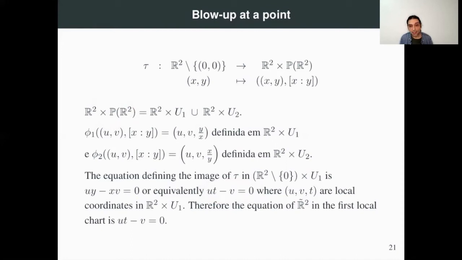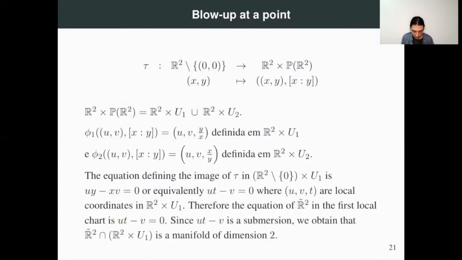The equation of this blow up at the second local chart is also easy to find, because instead of dividing here by x, we divide by y. And we get u minus s times p equals 0.